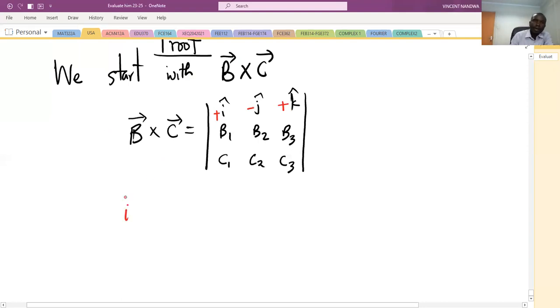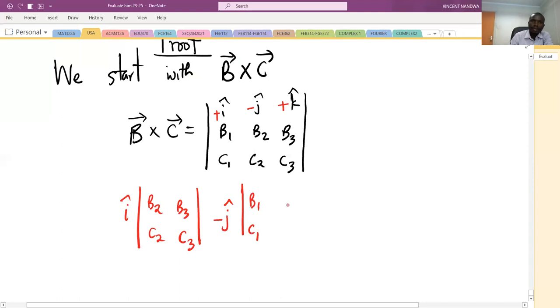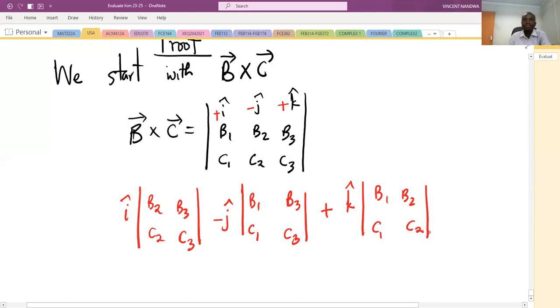So I will have i, close this, this will have B2, B3, C2, C3, minus j, B1, B3, C1, C3, plus k, close this and close this, we'll have B1, B2, C1, C2.